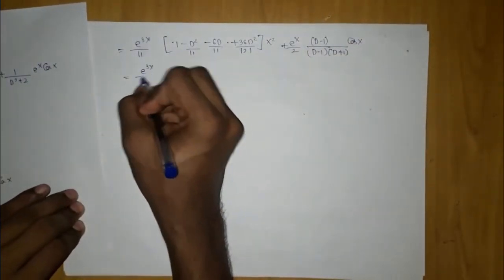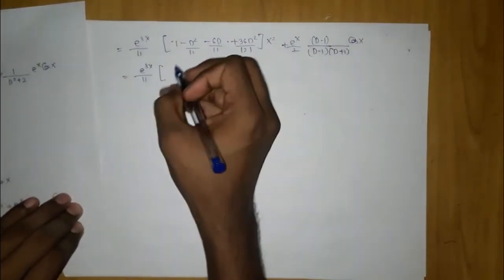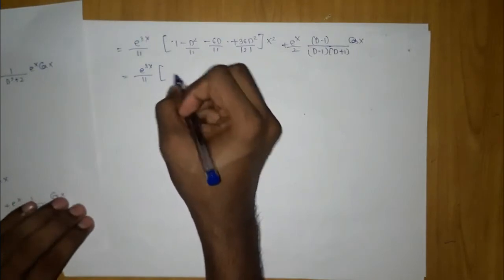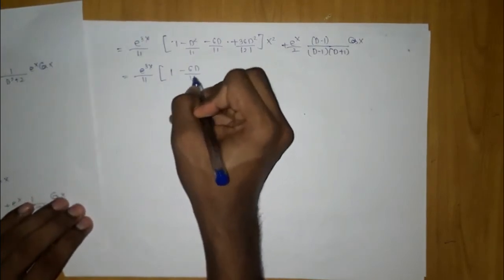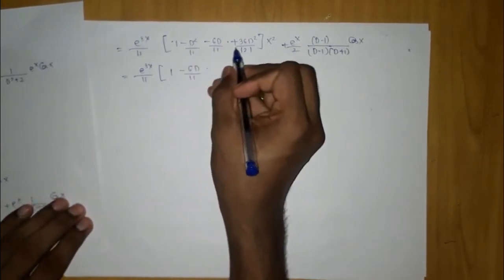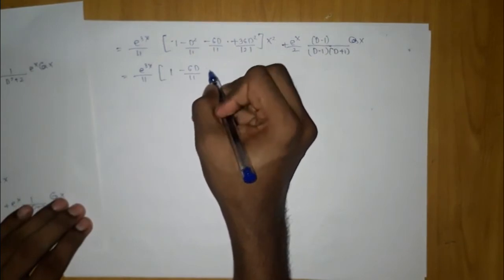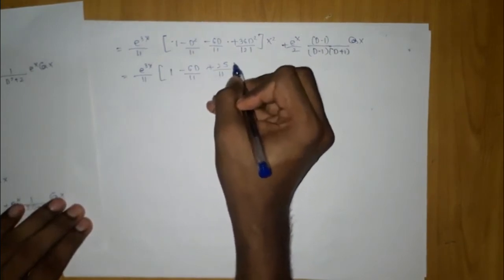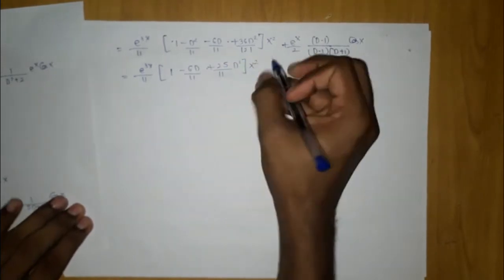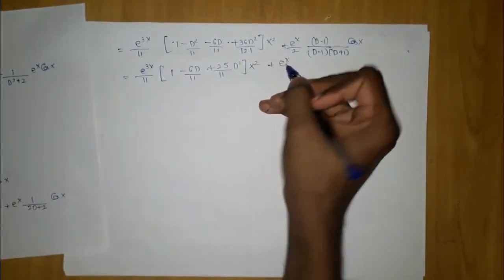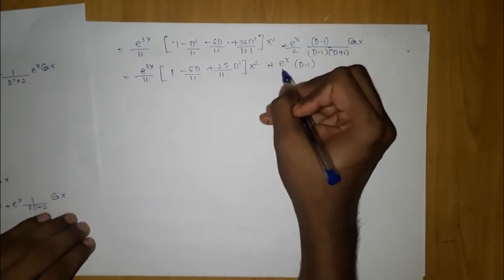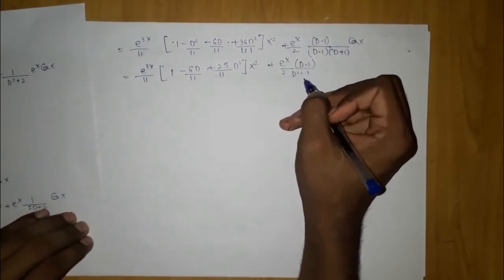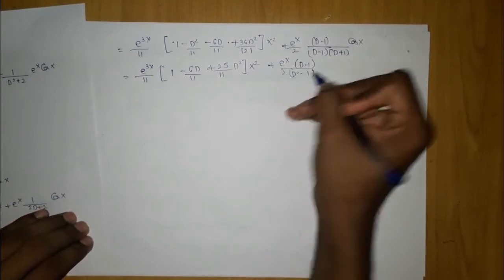So e to the power 3x by 11, if we simplify, we will get something like 1 minus 6d by 11, because d is singular, and here if we simplify this, we are going to get 25 by 11 d square bracket x square, plus here e to the power x, d minus 1, 2 is there, this will become d square minus 1 into cos x.